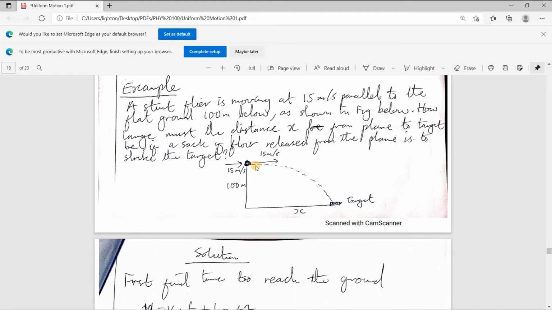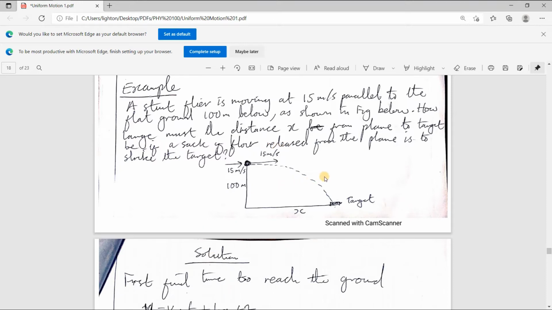We've chosen up positive, right positive from the starting point. So since this 100 is below the starting point, the origin, it will have a negative displacement.